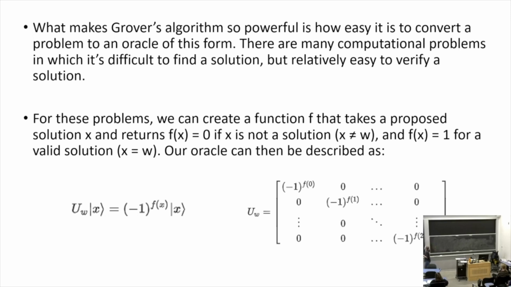So our oracle could be described another way as U applied to x equals -1 raised to the f of x, applied to x. And that matrix, as we saw last time, would look like this diagonal matrix here, where we just have -1 to the f of x on our diagonal, all the way up to 2^n minus 1.